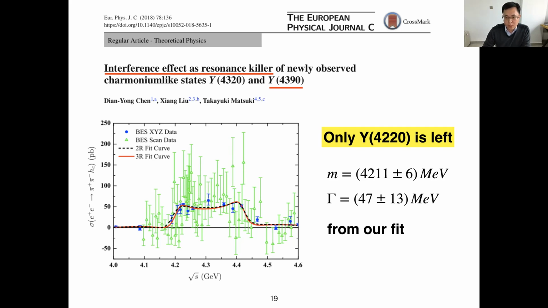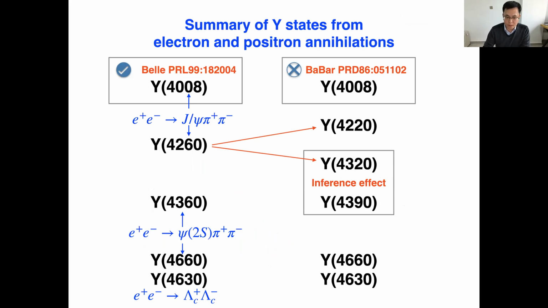In this slide, I want to give a summary of the situation of the Y states. We know that in the experiment, there are many Y states reported by the BESIII and the Belle experiments. If we introduce the interference effect, we found that the Y(4360) and Y(4390) can be killed in our model.